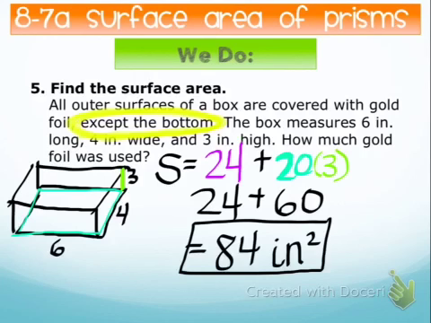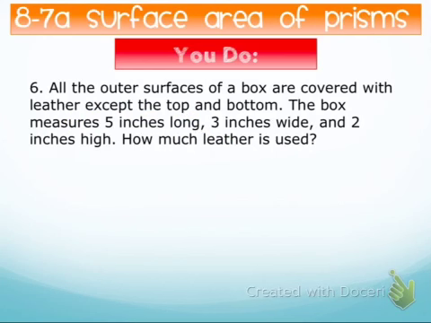So the last you-do problem, I'm not going to lie, is a little bit tricky. But it says all the outer surfaces of a box are covered with leather except the top and bottom.